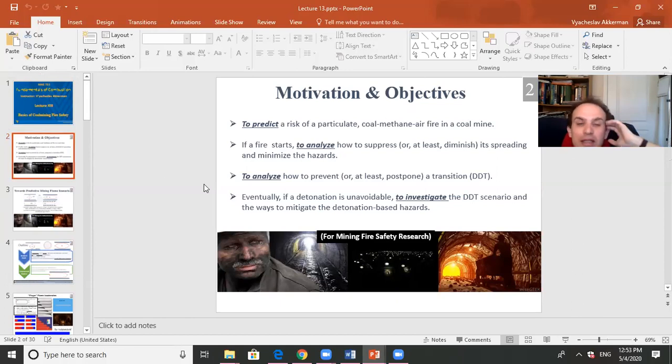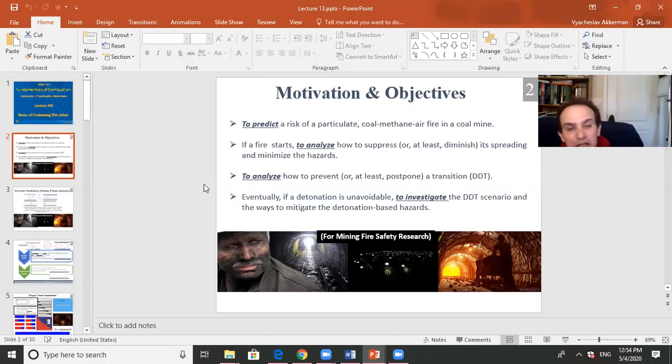Yes, so basically in coal mines, we definitely want to suppress fires, to have a condition where fire does not happen. But why does fire happen? Typically because you have methane, and also because you have coal dust impurities. Coal dust, which is very combustible, when it cooperates with methane, becomes a very explosive substance.